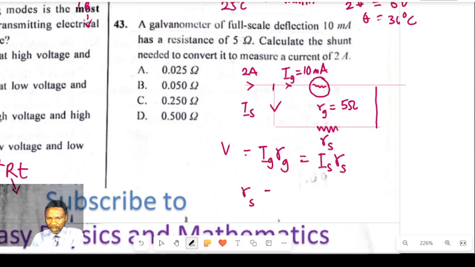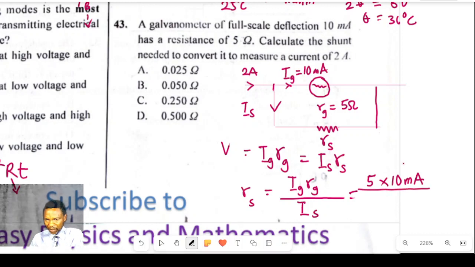R shunt is equal to I galvanometer times R galvanometer divided by I shunt. Simple. So this is equal to 5 times 10 milliampere.